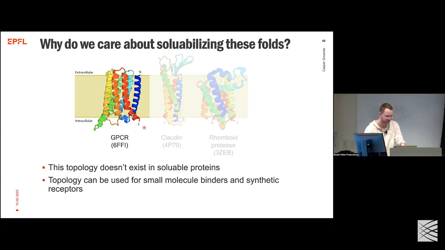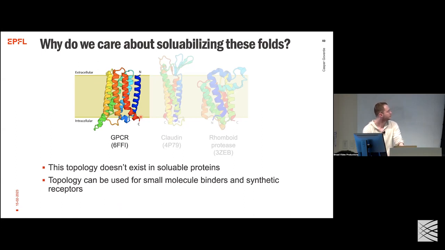For the GPCR, the topology consists of 7 transmembrane helices, and this topology we don't see in soluble proteins. What would be very interesting is if we can make this protein soluble again.